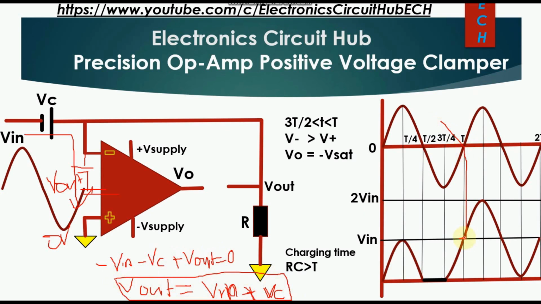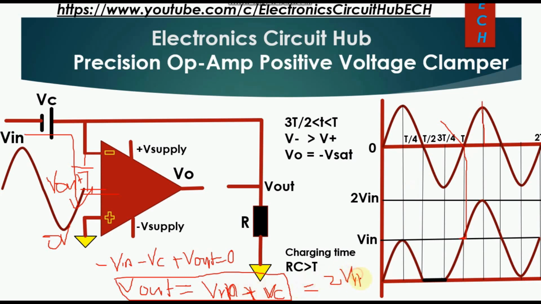Now if you move further here, for this time period, here to here, your input signal is V in and your capacitor is again charged. So you will get V in plus V in, that is equals to 2V in.